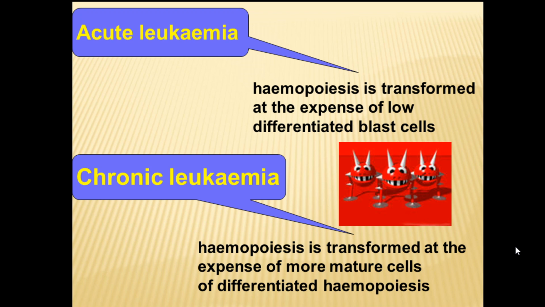In other words, a patient with chronic leukemia partially loses functional activity of blood cells, and the organism is able to live, and this process is more easily compensated. Now we have some medicines which can stop the pathological process and bring the process of maturation back near the norm.